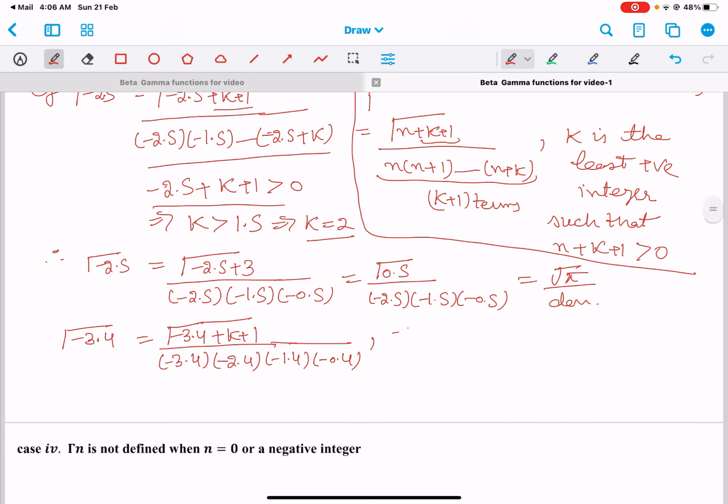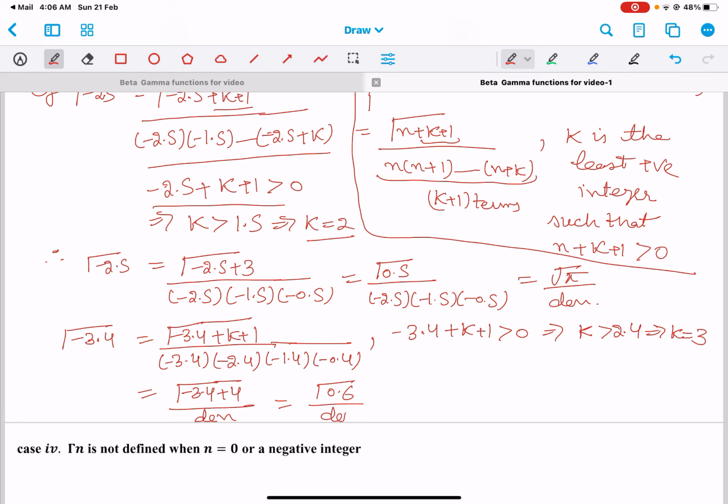Such that minus 3.4 plus k plus 1 is greater than 0, which implies that k is greater than 2.4, which implies that k equal to 3. So this comes out to be gamma of minus 3.4 plus 4 upon the denominator, which is nothing but gamma of 0.6 upon the denominator.